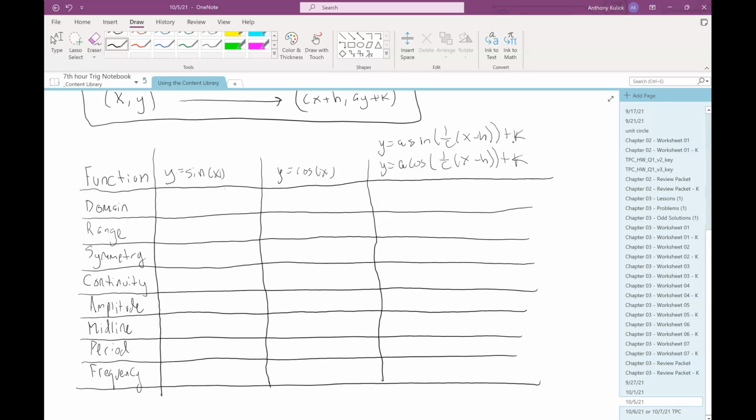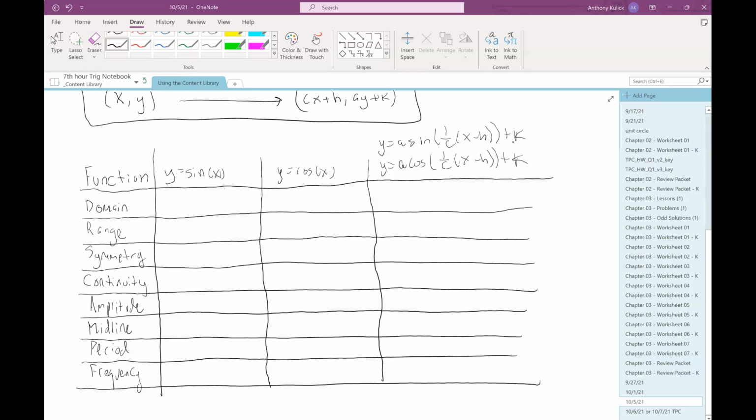It's an angle measure. In the last chapter, one of our big accomplishments was we moved our definition of sine and cosine out of being based on right triangles and onto being based on points on the unit circle, right?